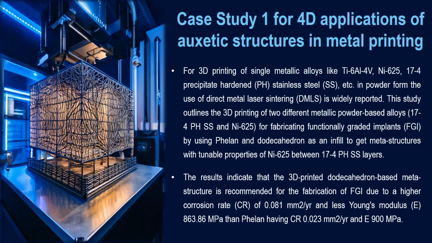In this case, we are using direct metal laser sintering for the fabrication of the component. So all these metallic powders are quite common, and a number of studies have been reported on making the functional part using these types of metallic powder.